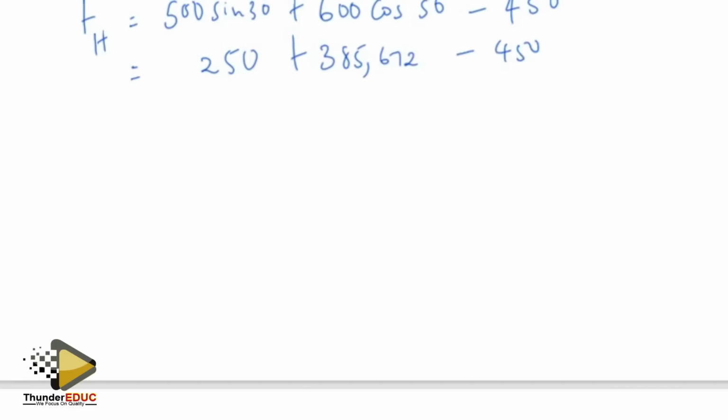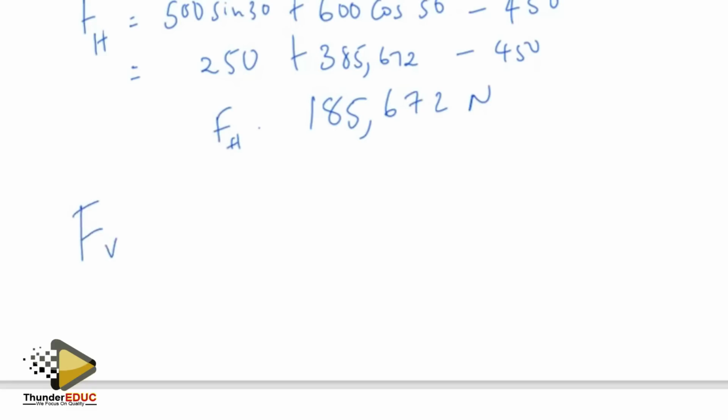Let me just punch this at once. 385.672 minus 450, which means I end up with 185.672 newtons. So this is my horizontal component.